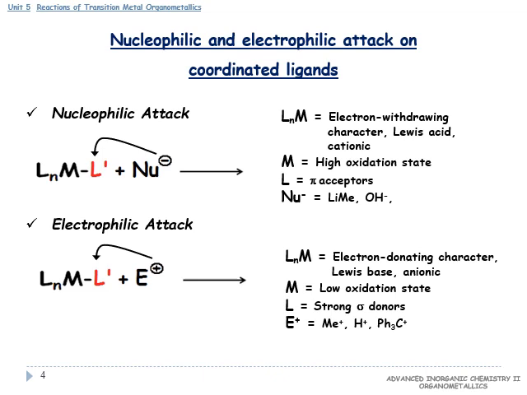The electron density of one of the ligands is enhanced by back donation so that it now becomes susceptible to attack by electrophiles. Examples of electrophiles are those in which the methyl group bears a positive charge, such as methyl chloride, the proton, the trityllium cation, etc.